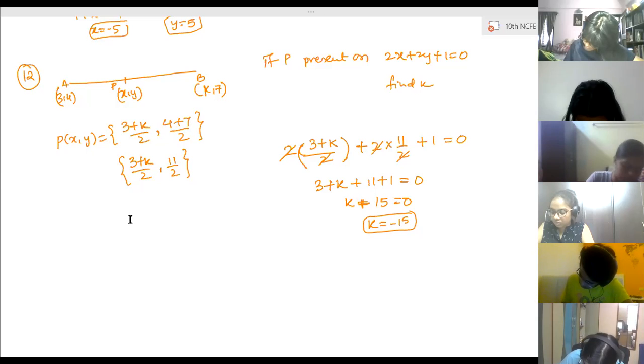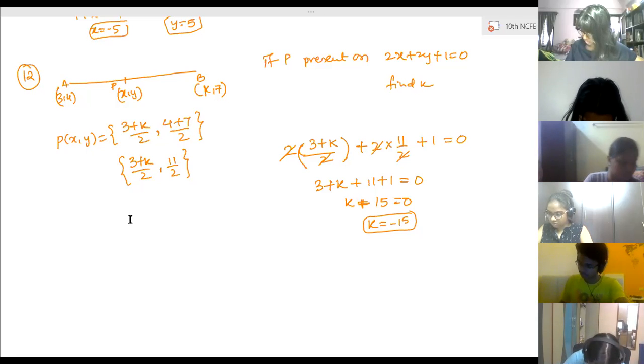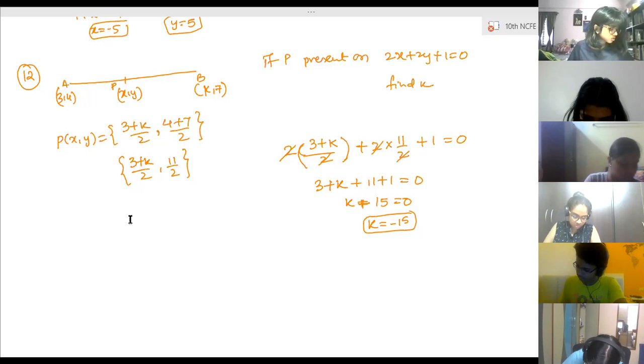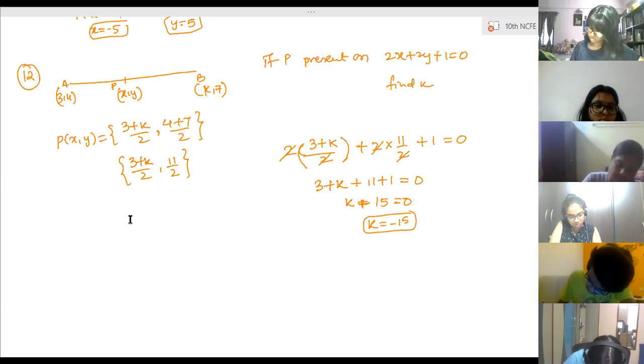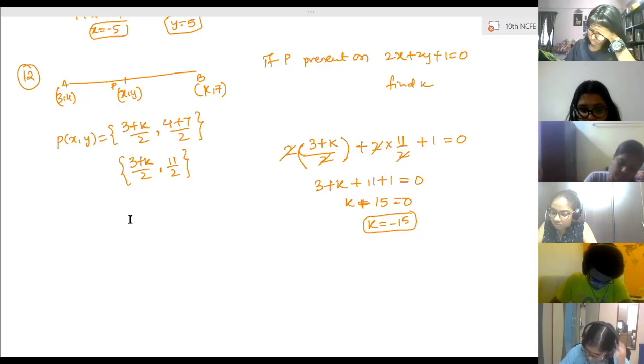Ma'am, for the 22nd one, is the answer 3 comma minus 10? The coordinates of point A. Lisha, which question are you solving?